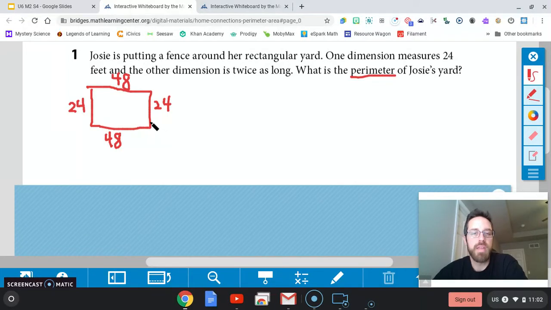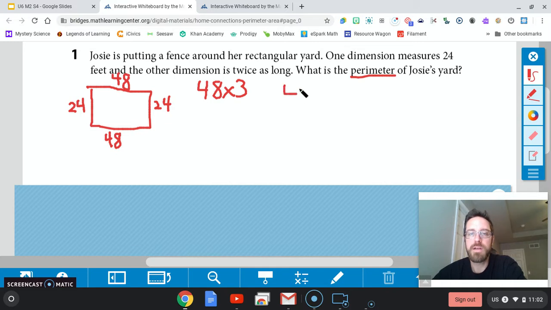Now you could just add up all the sides, 48 plus 24 plus 48 plus 24, or you could realize, hey, 24 plus 24 makes 48, and I have 1, 2, that would be 3 groups of 48. So I could just solve using the equation, what's 48 times 3? Or again, you could add them up.